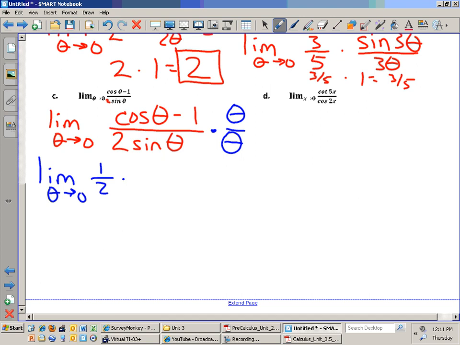Anybody know what I want to swap with sine of theta? Theta. So this is all multiplication. I'm going to swap these two. So I'm going to have the cosine of theta minus 1 over theta times theta over sine of theta.